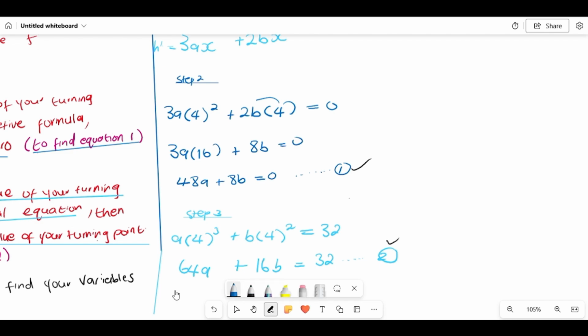So let me quickly change the color of my marker. So here, my first step with regards to equation 1, I can see that 8 is a common, or 8 is divisible on 48, right? So what I'm going to do here is that I'm going to try and make this equation to be in terms of, let me make it to be in terms of b, right?